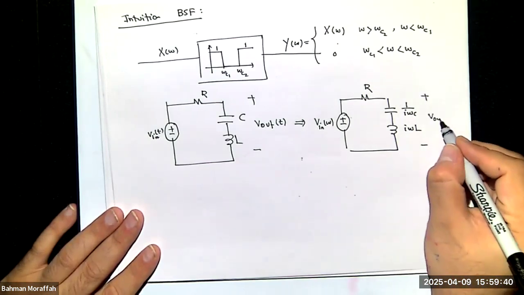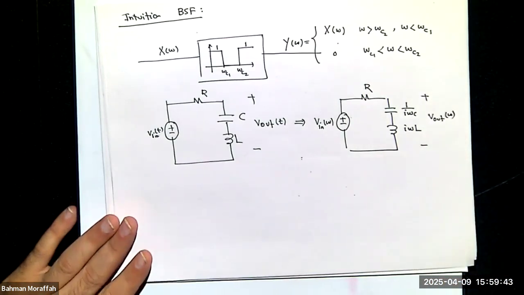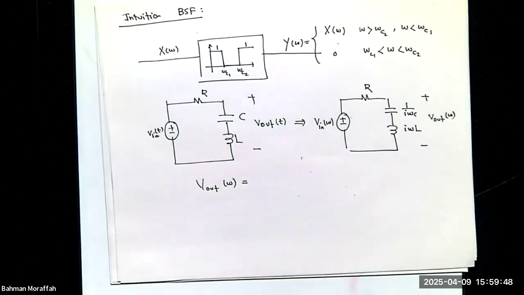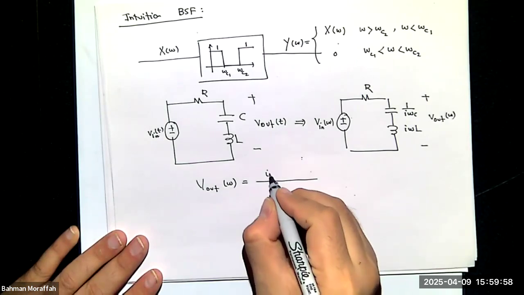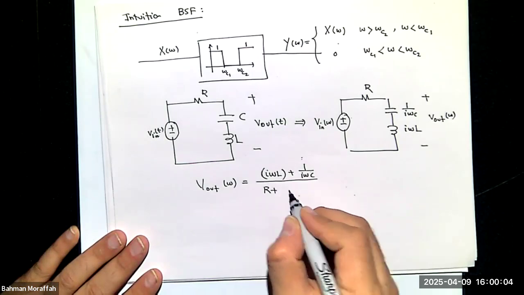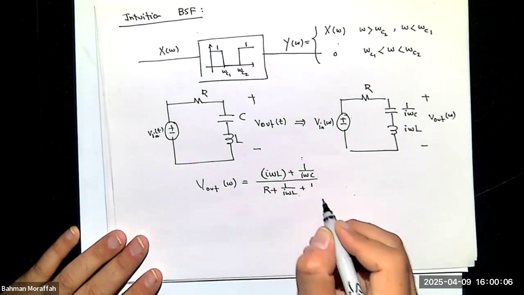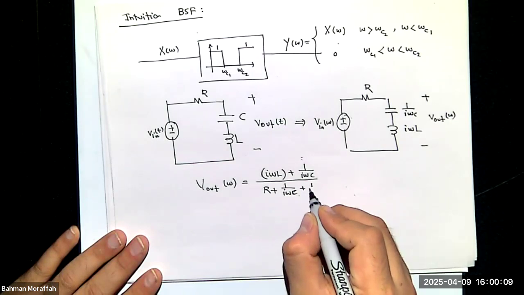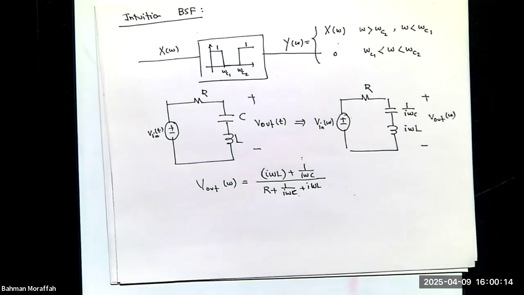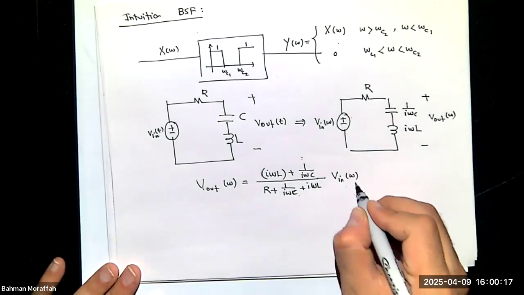And what I'm interested in is V out. What is V out of omega? Again, it's a voltage divider, right? I can combine these two because we treat all these elements as a resistor. So the numerator would be I omega L plus 1 over I omega C, divided by R plus 1 over I omega C plus I omega L, times V in of omega.